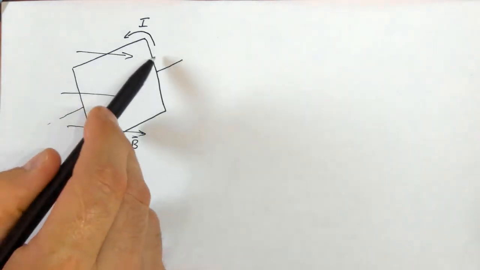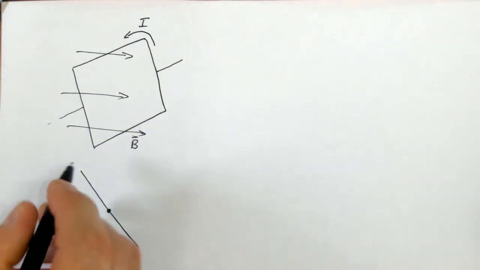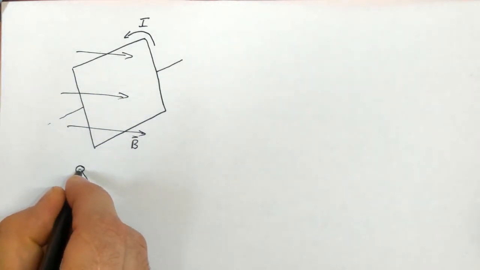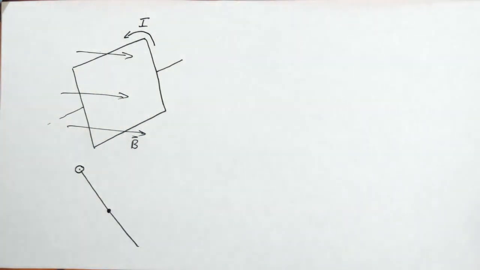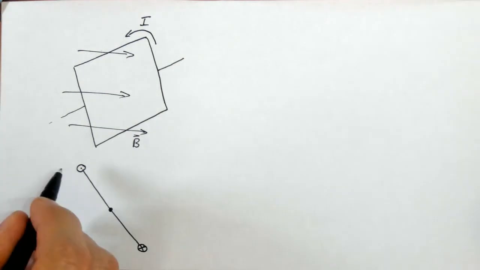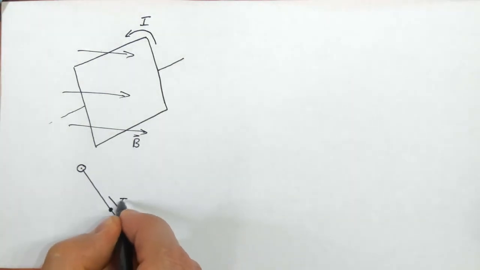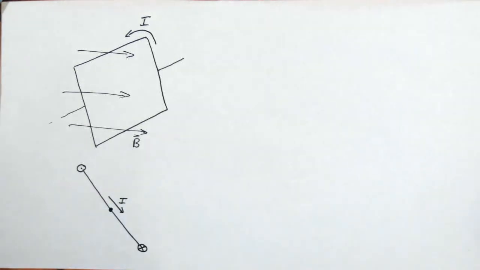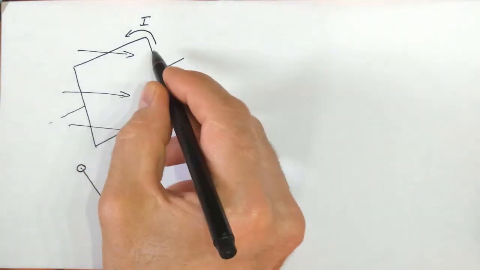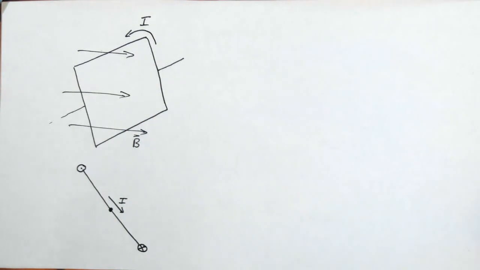Now current's flowing out across the top. That means across the top I see current flowing out at me. So that's the dot. And in the bottom, current should be flowing away from me. It flows there and flows back this way. So these are the currents flowing, and then current flows down in this wire that's closest to me. It's going to flow up in the wire farthest from me.